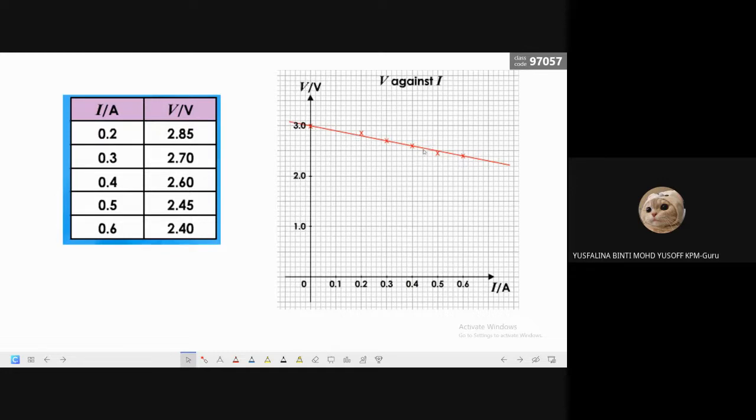Then you got the result. Let's say you make this line longer. When you make this line longer, it will intercept the y-axis at one point.